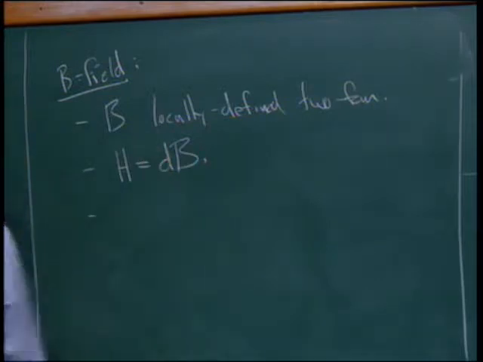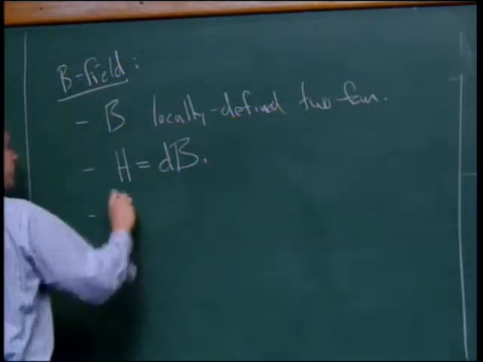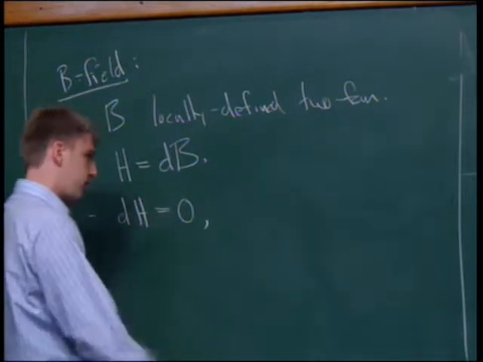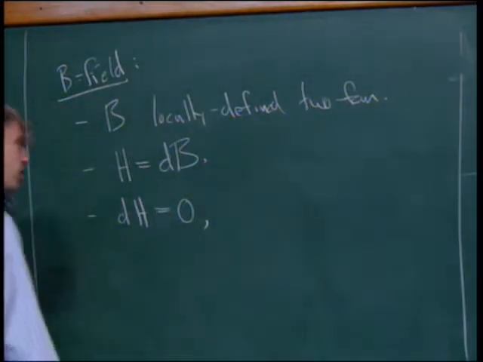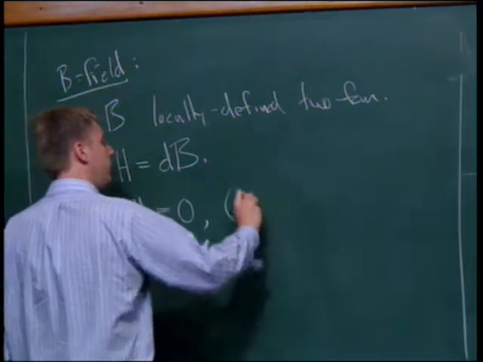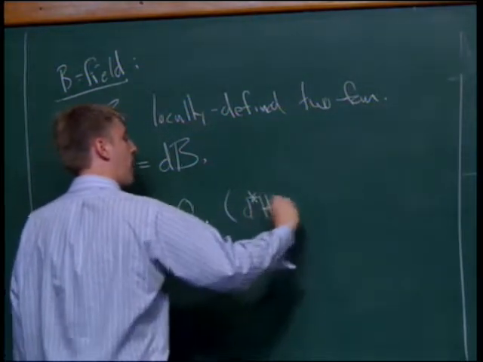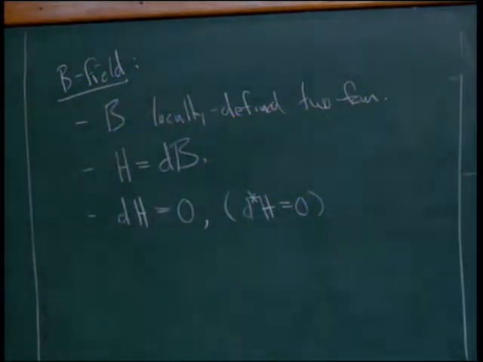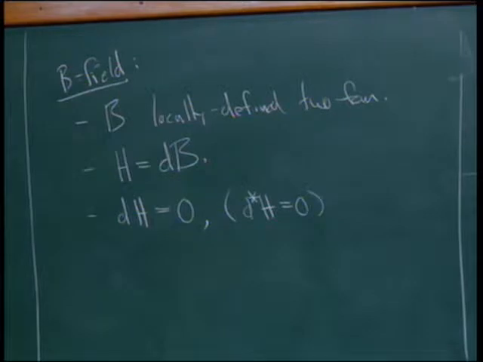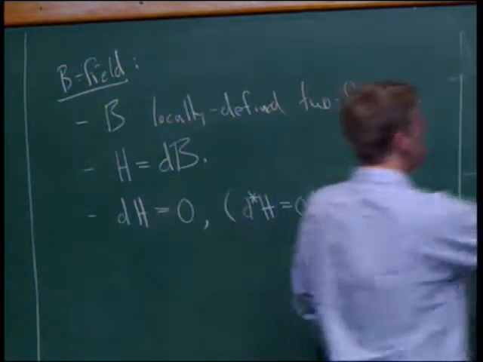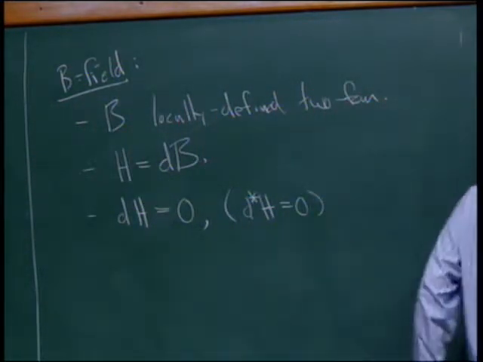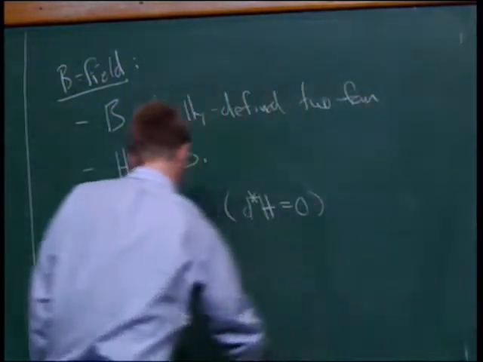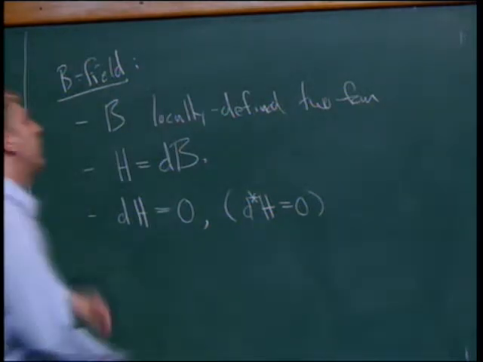H is dB, and again, it doesn't have to be null cohomologous. And H is of course closed. And when you attach sort of the energy of H, the L2 norm of H, to some Lagrangian, you try to solve this sort of Maxwell type equation for your physical theory.